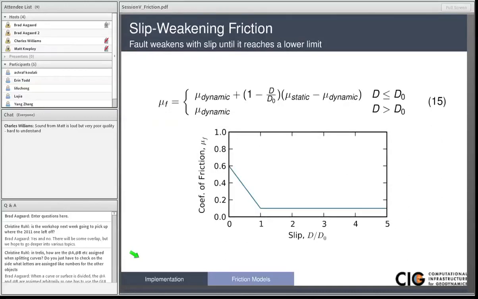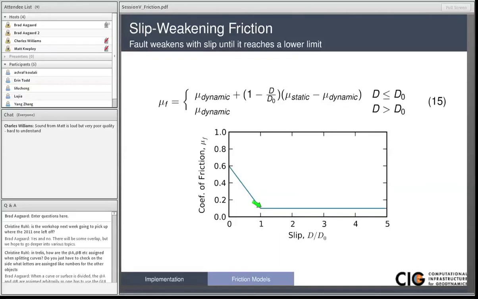A more popular friction model is the slip weakening friction model. Here we're decreasing from a static coefficient of friction to a dynamic coefficient of friction as the slip progresses. As shown in the plot, we're going from a static coefficient of friction of 0.6 to a dynamic coefficient of friction of 0.1.